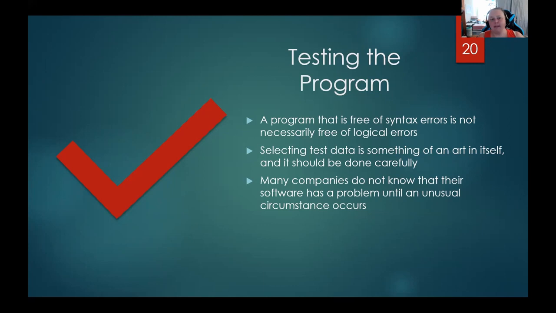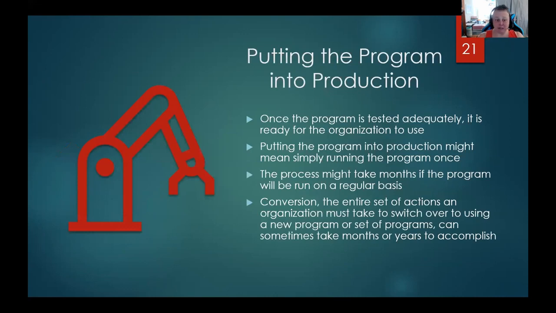So again, going back to my example from before, if you are expecting an age input into a text box and someone types in a word, that is not a very common thing to happen. But that's that unusual circumstance that's going to occur, and that's when you're going to know whether your software is actually working or not.